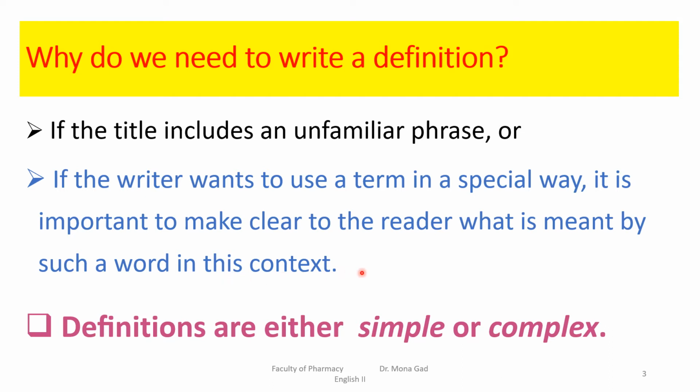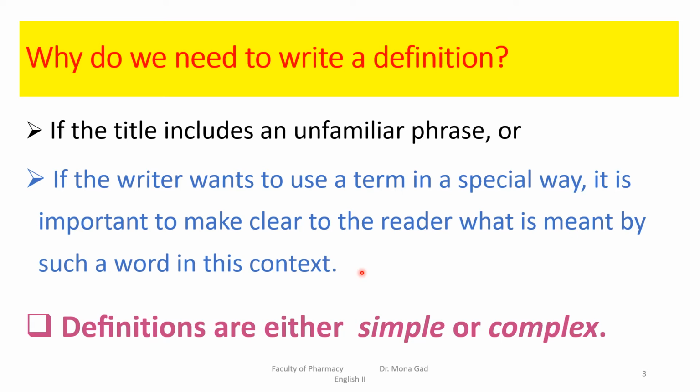If the writer wants to use a special term in a specific way, he must show what he means by this term, because a word may have various meanings.